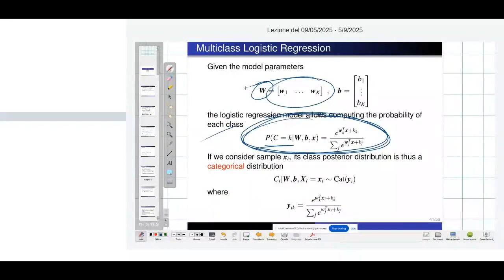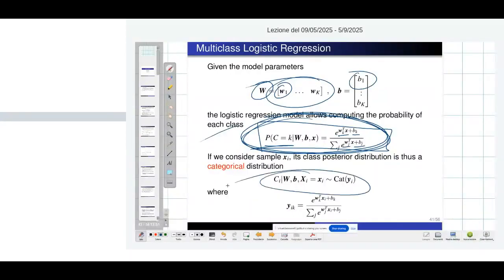So for each class, we have a vector that describes a linear combination of features plus a bias. These are the model parameters. Then we will give a geometrical interpretation to this as well. This is therefore the expression of the class posterior probability, and the model parameters are the different W's.